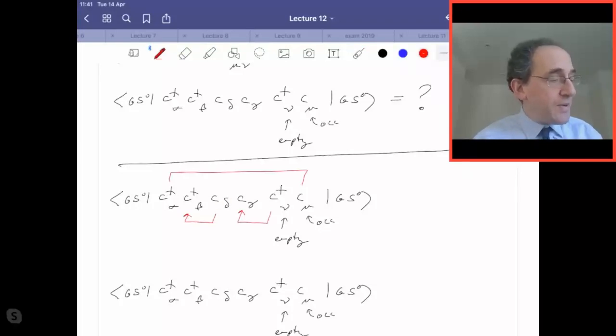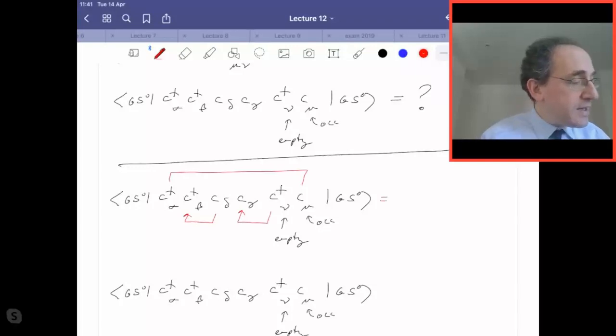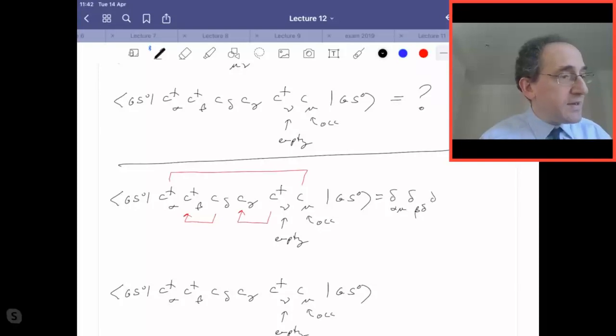Okay, so I can write this thing as delta alpha mu, delta beta delta, delta gamma nu, but also delta is below the Fermi surface, so delta should be filled.